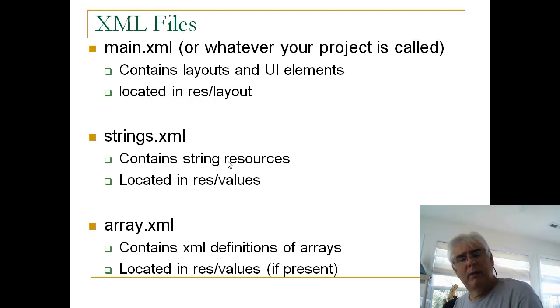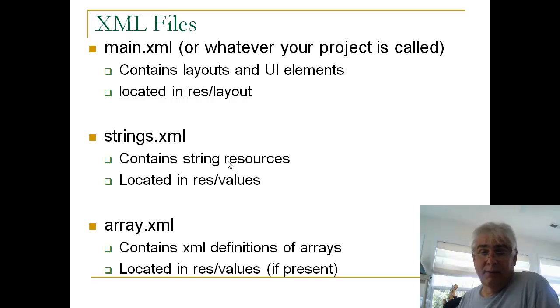A little bit later in the course, we'll talk about defining arrays in Android. You can actually initialize the contents of an array with an array.xml file. So it'll contain XML definitions of arrays. It's also located in this resources/values subdirectory. If present, it's optional. You need not use it.